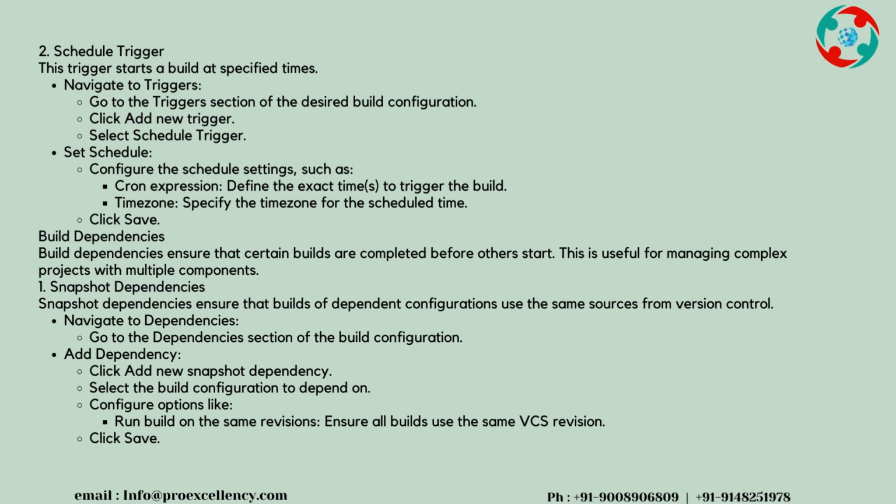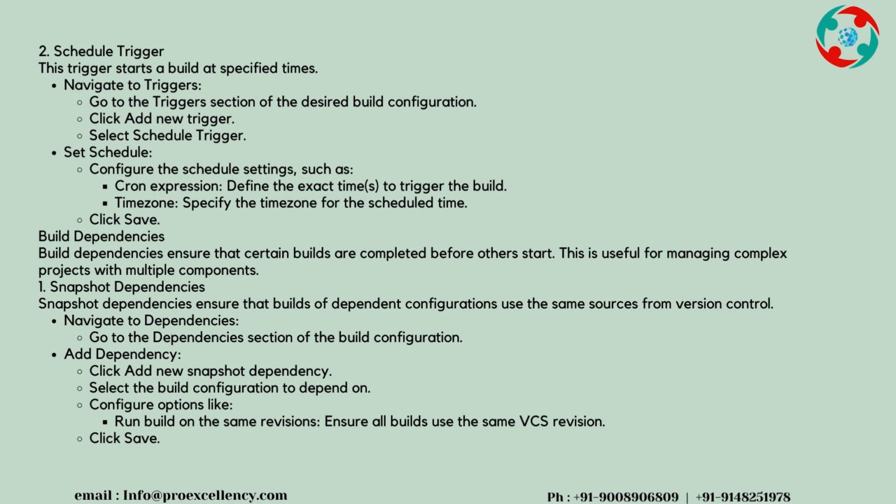This is useful for managing complex projects with multiple components. 1. Snapshot dependencies. Snapshot dependencies ensure that builds of dependent configurations use the same sources from version control. Navigate to Dependencies. Go to the Dependencies section of the build configuration.